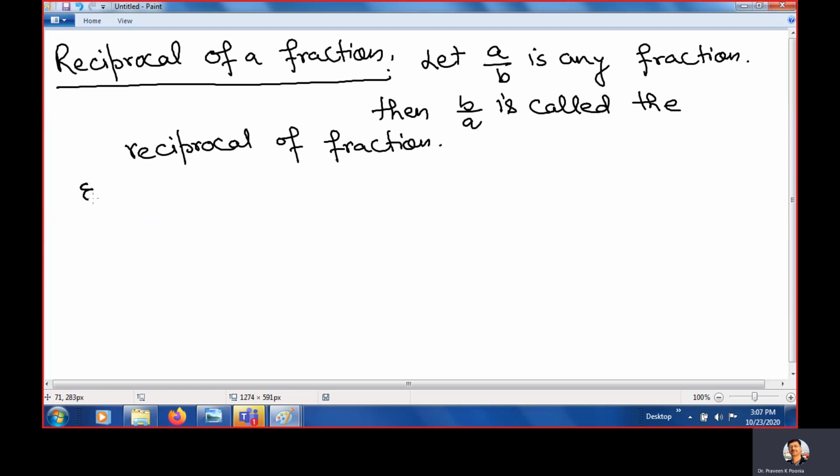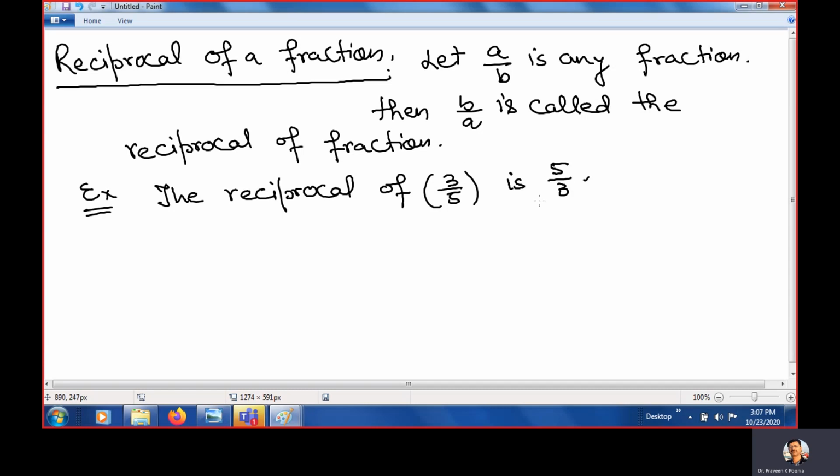Clear? For example, the reciprocal of 3 upon 5 is 5 upon 3. Understand?